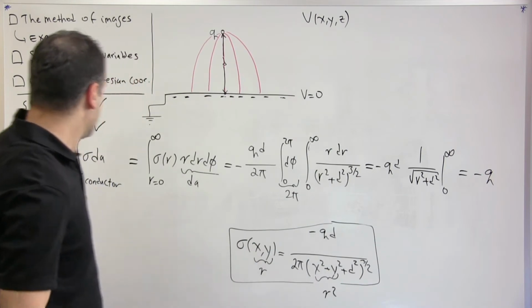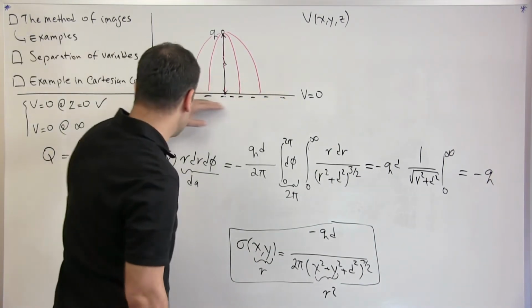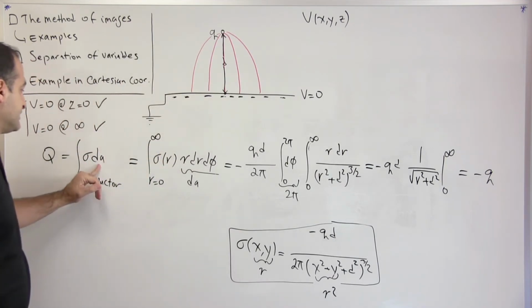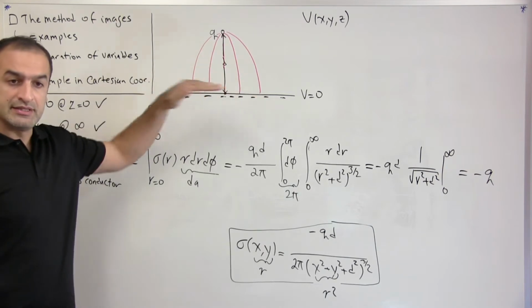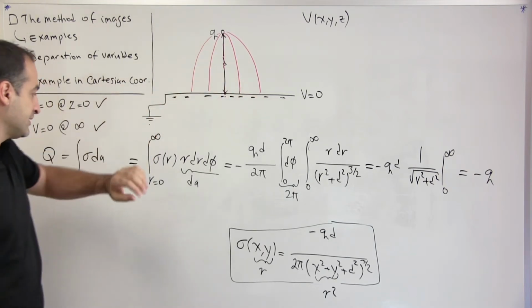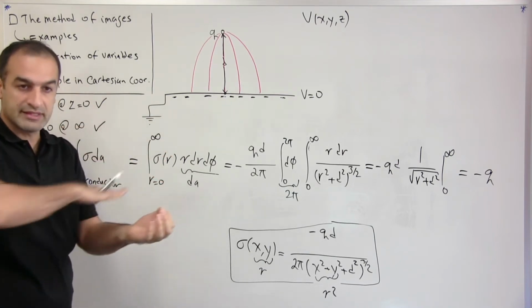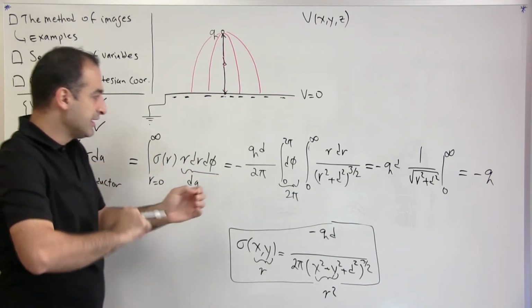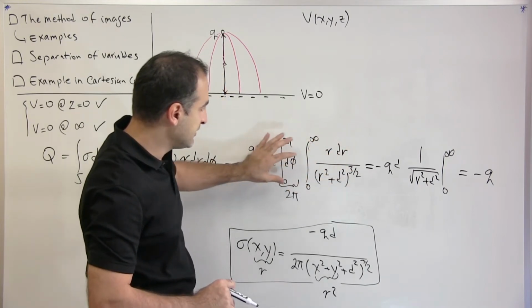So if we look at the total induced charges on the surface, sigma dA, sigma is the surface charge density, dA is the element on the surface of the conductor. We integrated from 0 to infinity. That means we are covering the whole surface of the conductor, and the integrand is not that complicated, but it takes a little bit of mathematics.